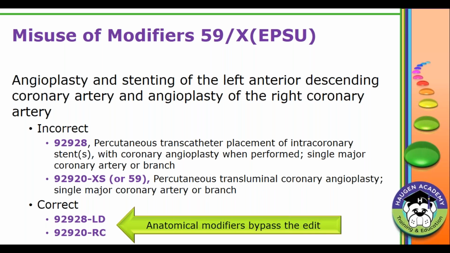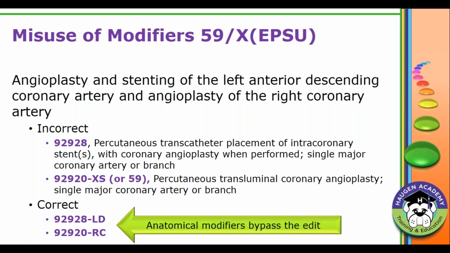So she put an XS or a 59 modifier on the angioplasty. And did it satisfy the edit? Yes, it did. Did the claim get paid? Probably did. Is it correct? It is not. Because we can add anatomical modifiers here and that will bypass the edit.